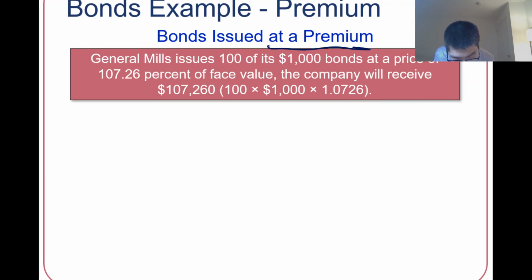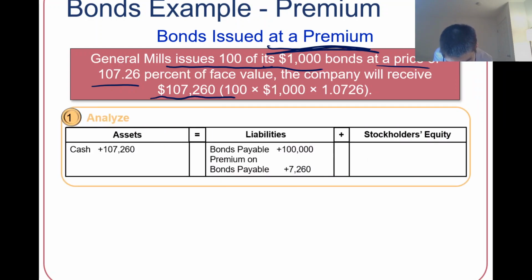And then if we're issuing at a premium, which means we receive more cash than the bond face value, we're issuing 100 bonds of $1,000 at a price of $107.26 each. The company will receive that much in total. Now we will record this.